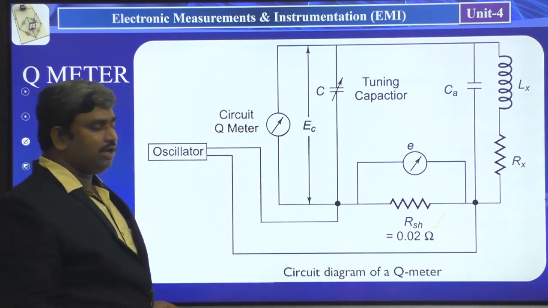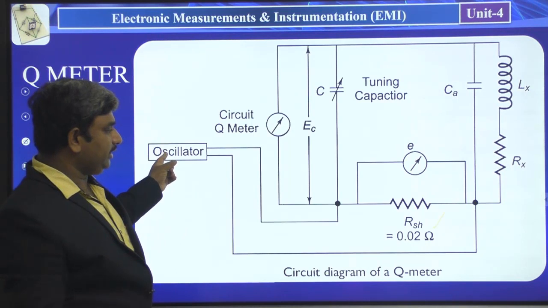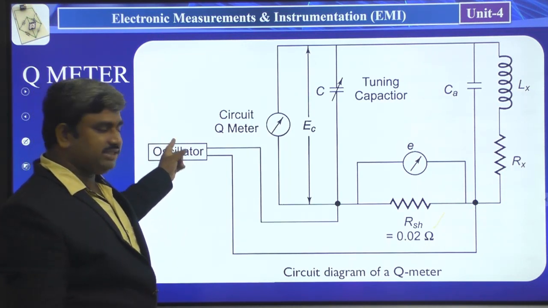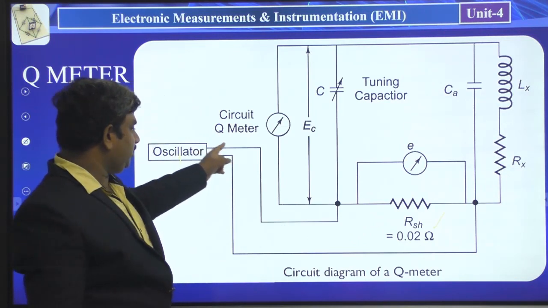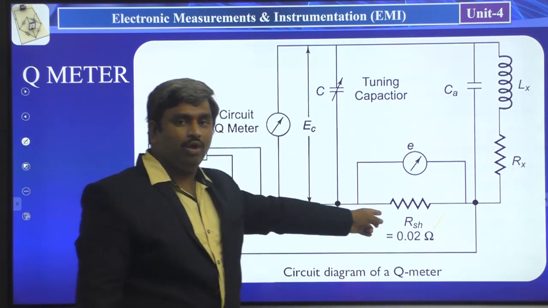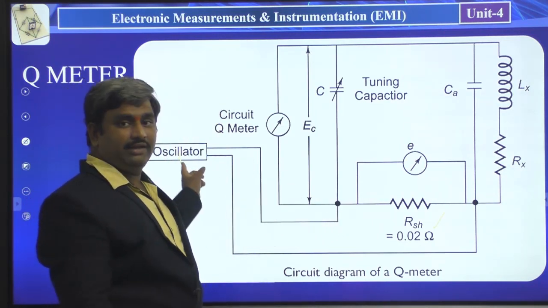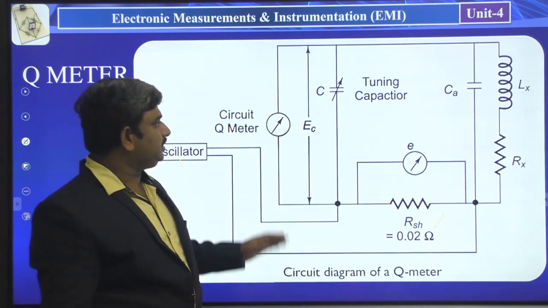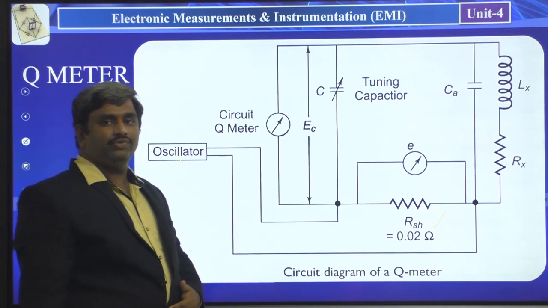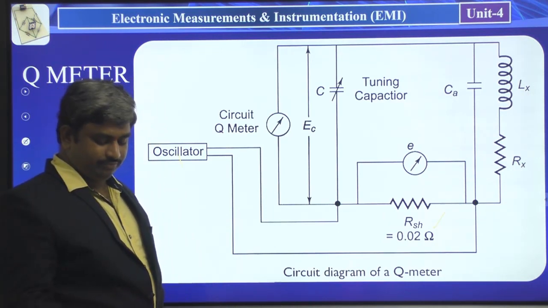So this is the total circuit. The oscillator is connected in parallel to the shunt resistor: one terminal goes to one end of the resistor, and the other terminal goes to the other end of the resistor. So this is the connectivity of the circuit diagram.